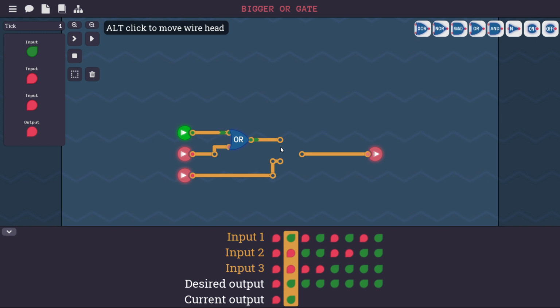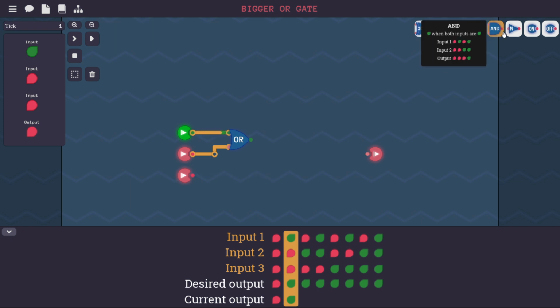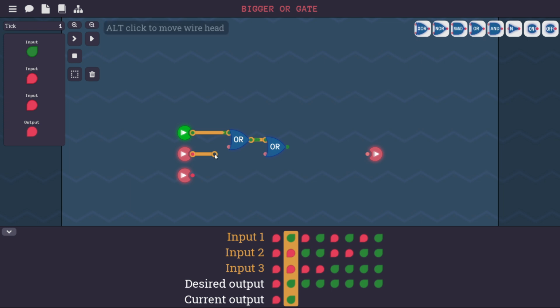I think to create an even larger OR gate, all we would need to do is to chain more OR gates.